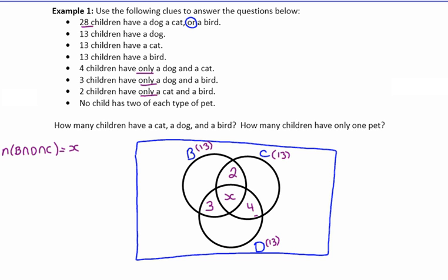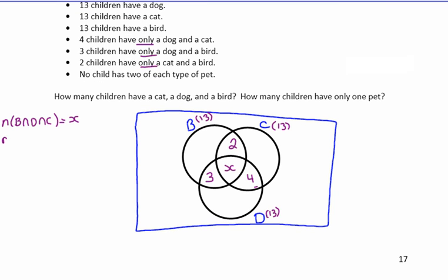Now we know, okay, I know those who have a bird and a cat would be X plus 2. Those who have a bird and a dog is X plus 3. And those who have a dog and cat is X plus 4. Could I figure out how much goes in here now? So how many would be a bird only?